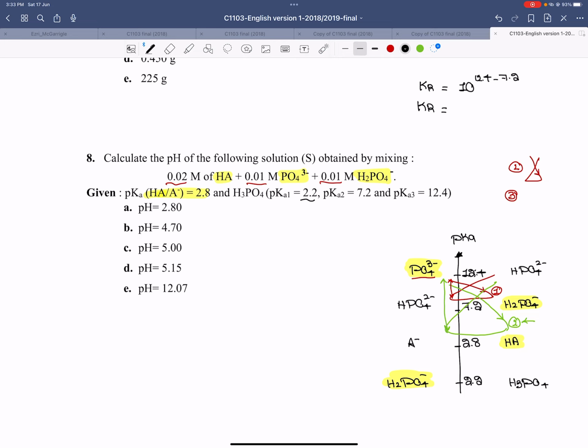Kr of the second option is 10 to the power 12.4 minus 2.8. It is very clear that this is the larger Kr. So this is the reaction that will predominate.